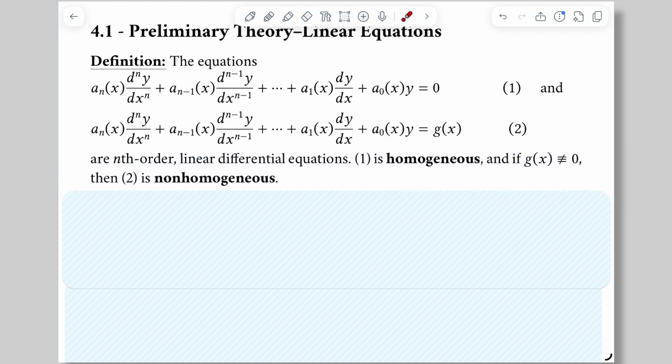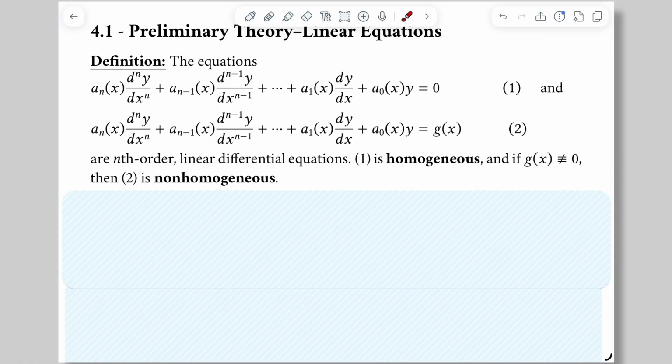In the case that the right-hand side is 0, we would say that the equation is homogeneous. And if g of x is some function other than 0, it could be 2, it could be e to the x, it could be a sine or a tangent, as long as it's not always 0, then we'd say that equation is non-homogeneous.